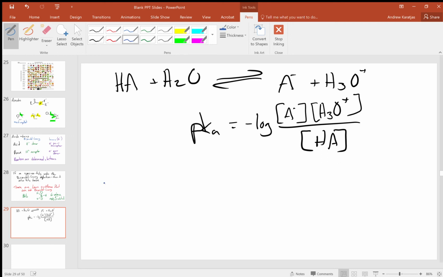And so we learned that for a strong acid, and remember we use that term very loosely because it's a relative term, the stronger the acid is, the more of it is going to dissociate.